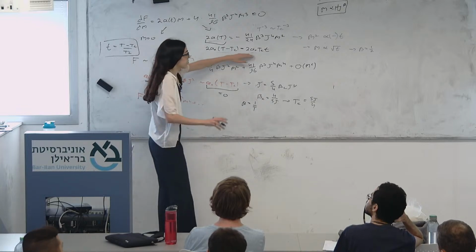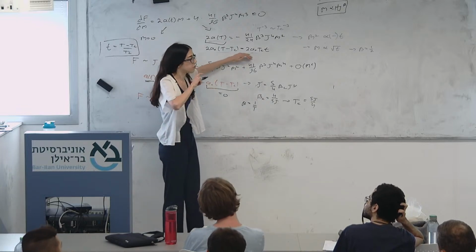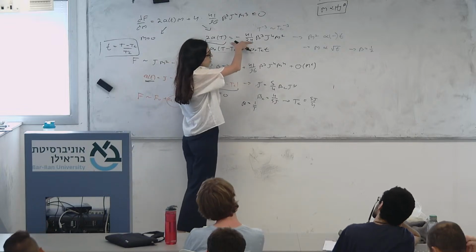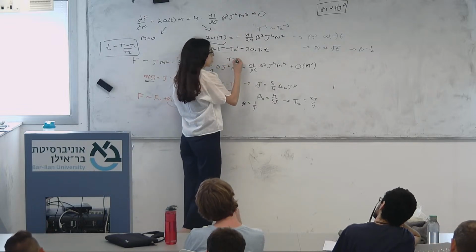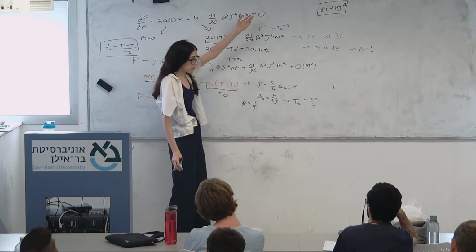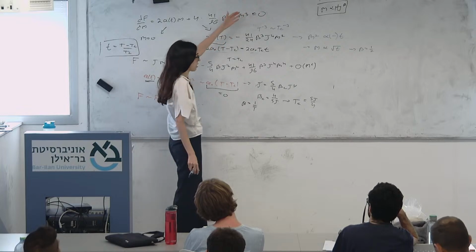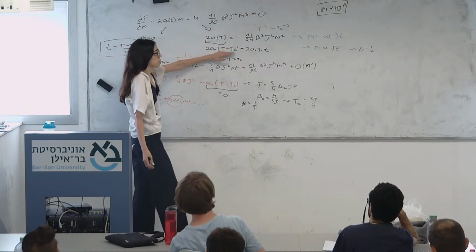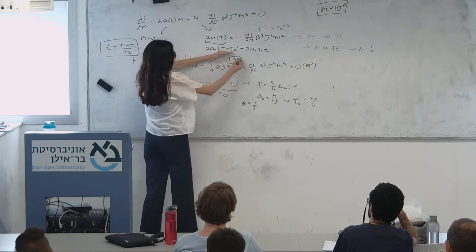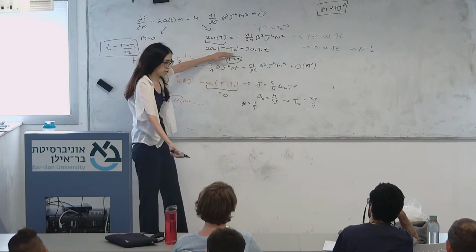Because, okay, let's say I want to get as close as possible to the critical temperature. So I take that expression and I take everything to be T equal to the critical temperature. So here it works, I have something which is very close to what I actually have. But here it doesn't work because it's just going to give me 0. So where that doesn't work, it means that I have to take the next order.